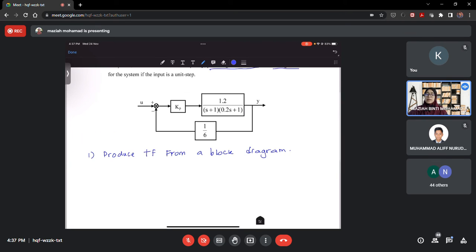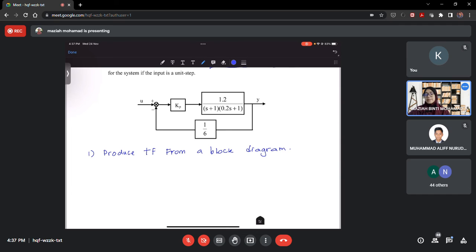Here is the block diagram given. The basic concept that you have to understand for time response analysis is that all the analysis will be based on the closed loop transfer function.